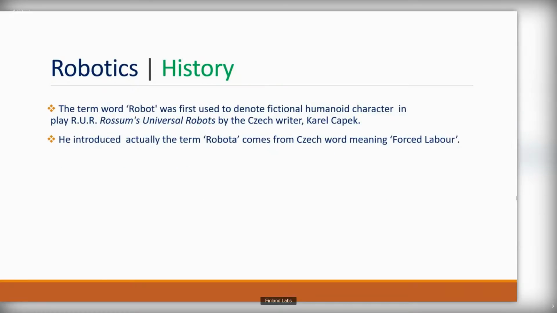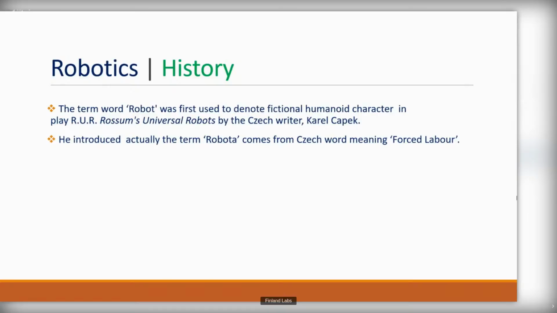Yeah. Now next one, coming to a little bit of history about robotics. The word robot was first used to denote a fictional humanoid character in a play, R.U.R., which stands for Rossum's Universal Robots, by a Czech writer, Karel Čapek.